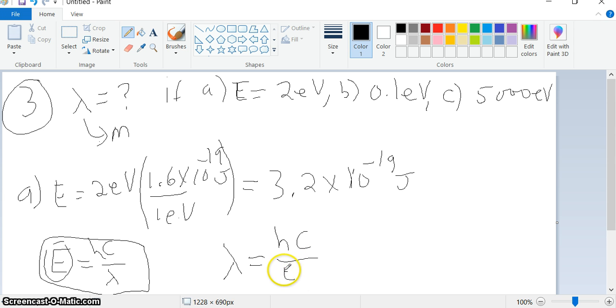Since the energy is in joules, we're going to use this for hc: 1.989 times 10 to the minus 25th joules times meters.